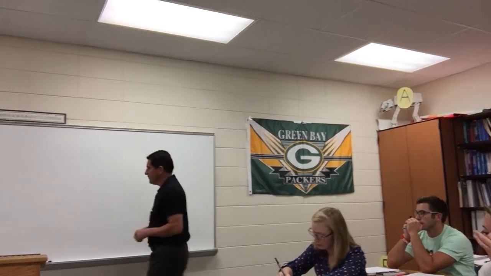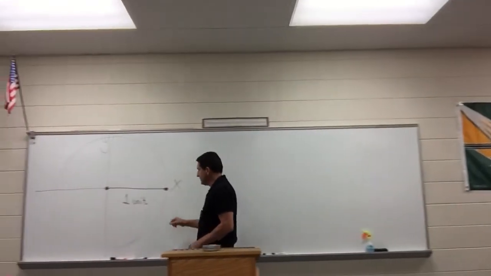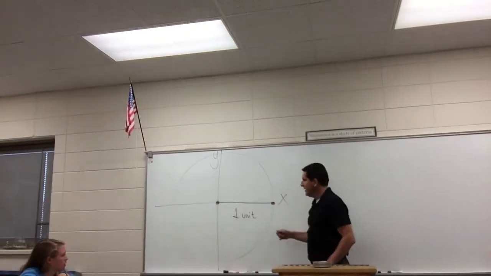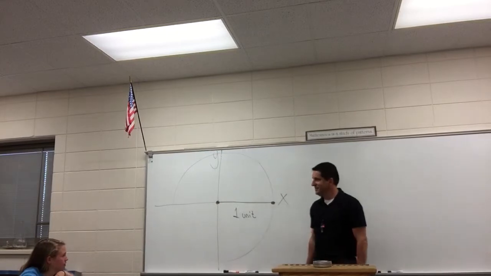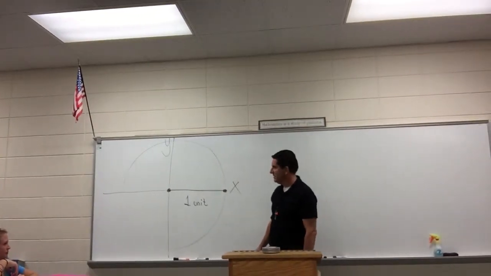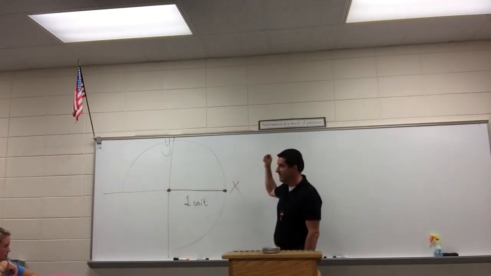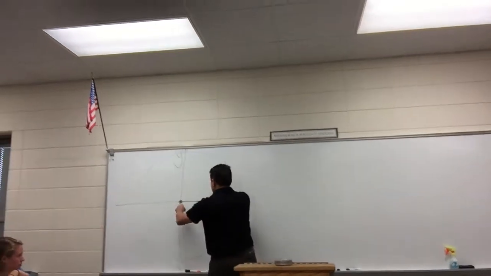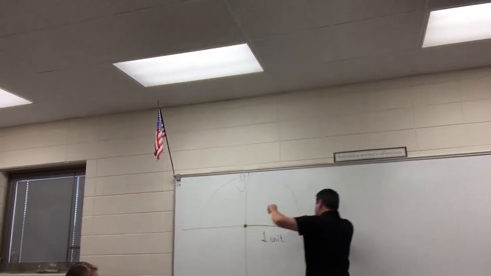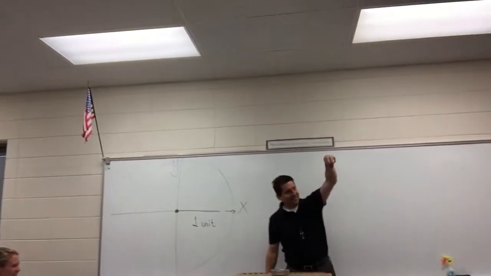So here's what we're going to do. See this mark right here? I'm going to peel that off. This part right here is the radius, this dark part. I'm going to peel that off. Ready? There it is.